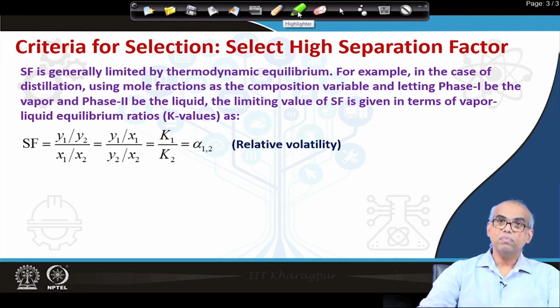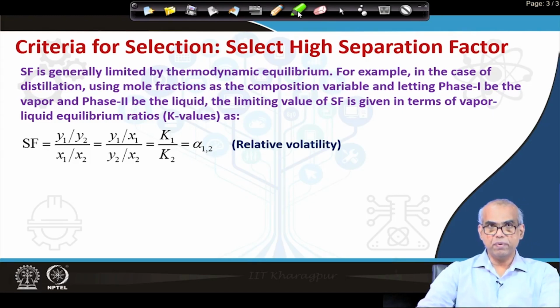For example, in the case of distillation, let us denote phase 1 to be the vapor phase and phase 2 to be the liquid phase. The compositions can be expressed in terms of mole fractions.